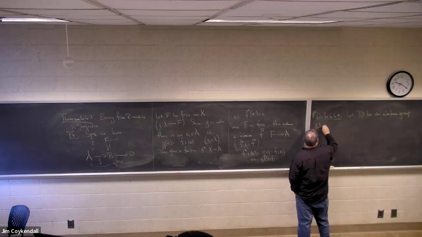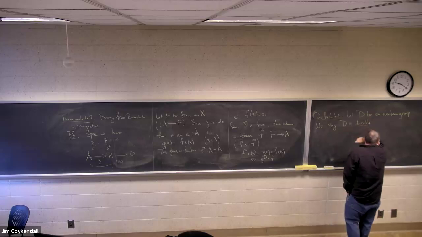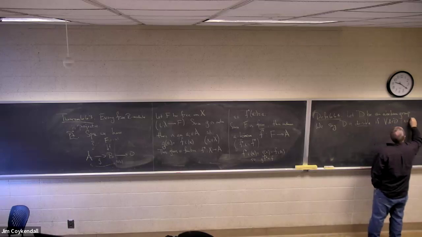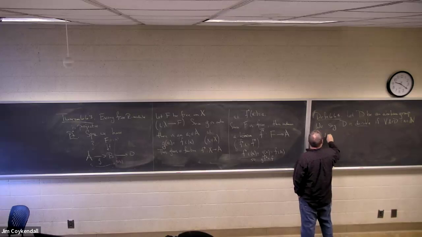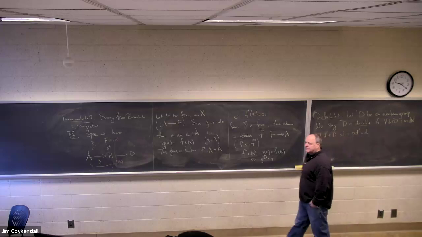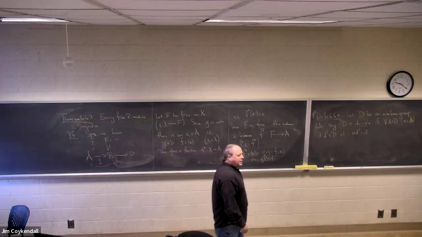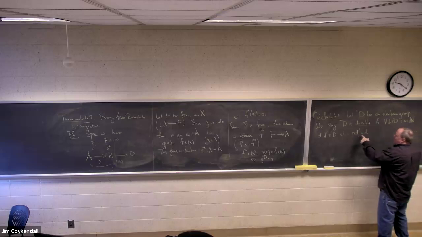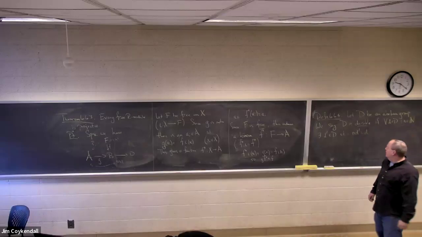We say D is divisible if for all d in D and n in the natural numbers, there exists d' in D such that n d' is equal to d. I'm going to be kind of sloppy about this, but what this means is for every natural number n and every d in the group, you can divide by n. That's essentially what it is.